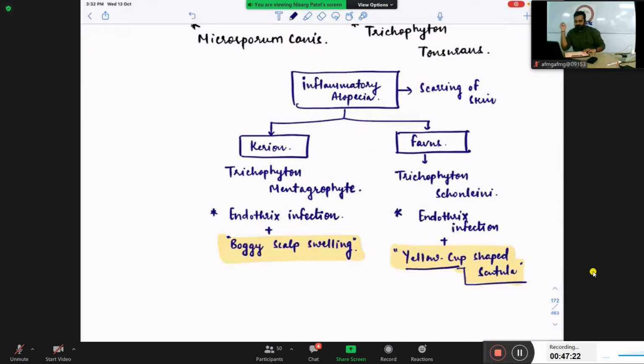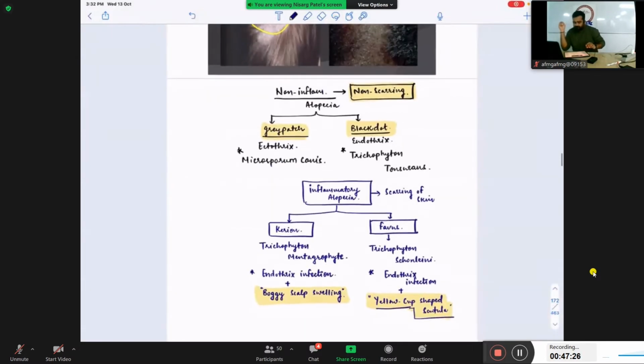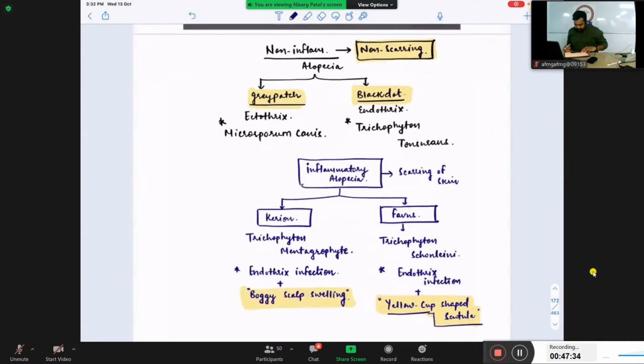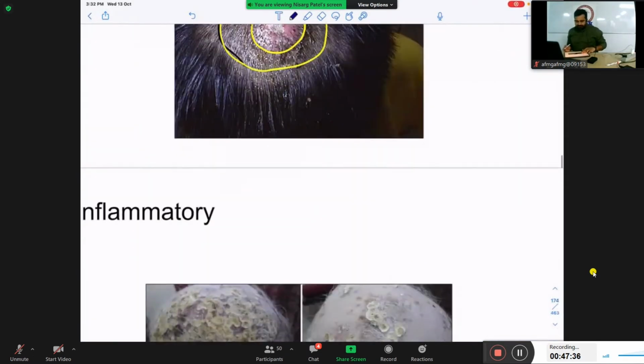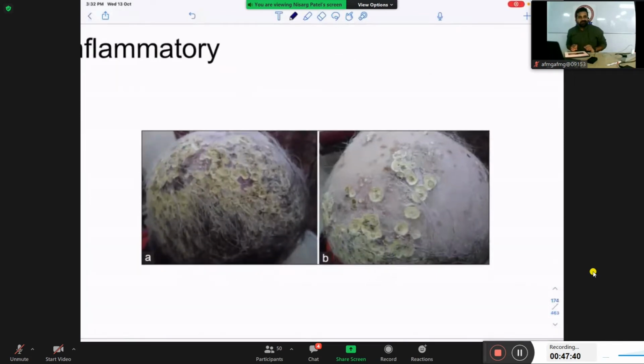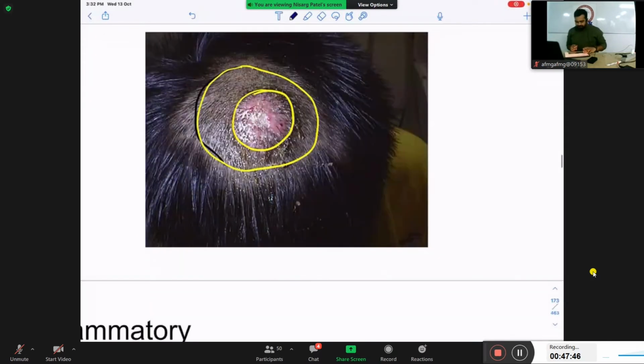Clear? So non-inflammatory, you will remember gray patch, black dot; inflammatory, carrion and Phoebus. So see, this is the inflammatory type Phoebus. You saw the photo of carrion, boggy swelling, right?